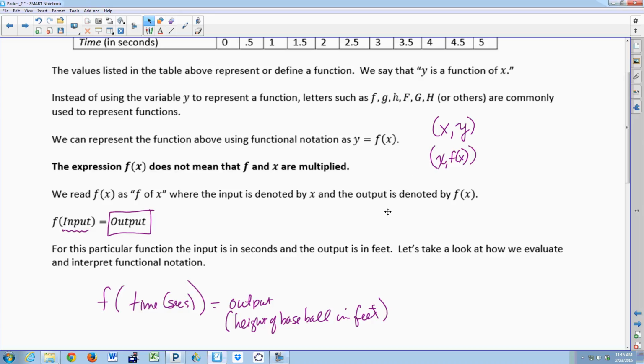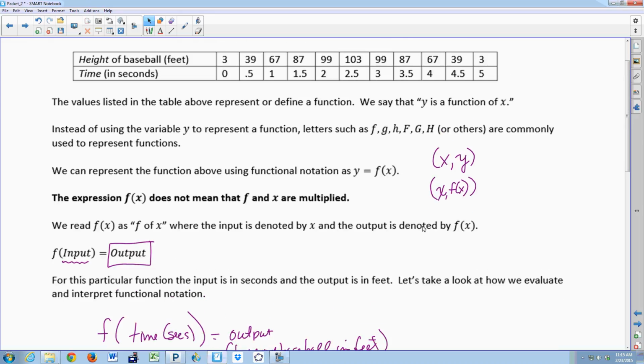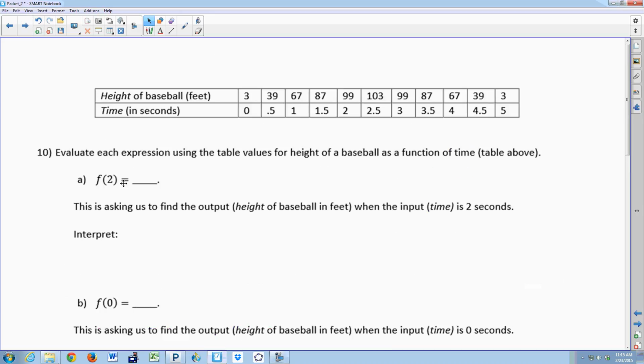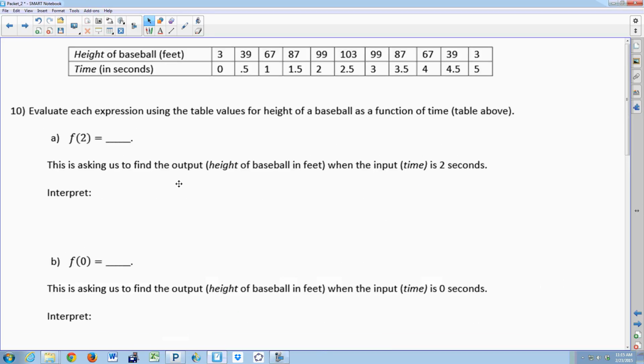So it just takes a little practice because you're so used to writing x and y or y equals. Now you say f of x or g of x, or whatever your input variable is goes inside the parentheses. Any questions on that in terms of the notation? Okay, let's practice a little bit on how to interpret this notation.